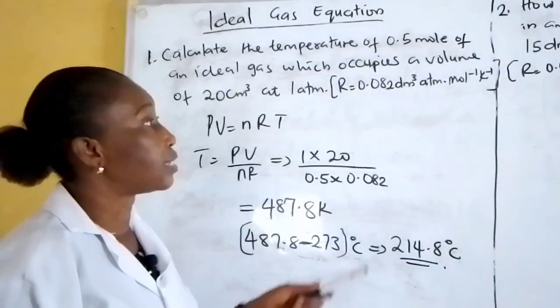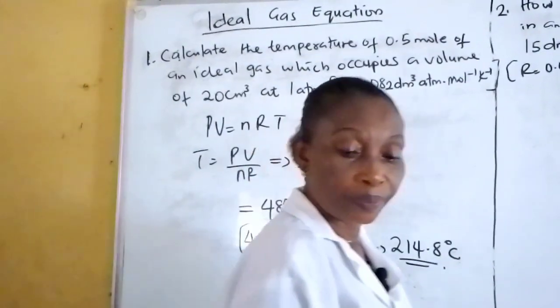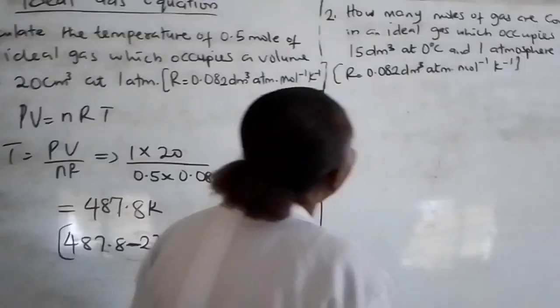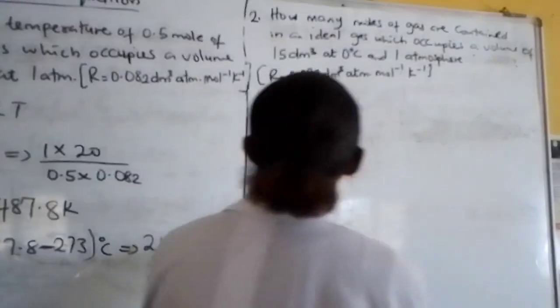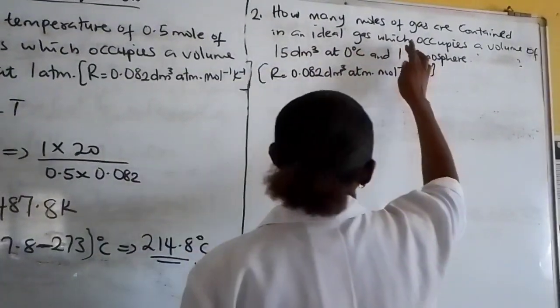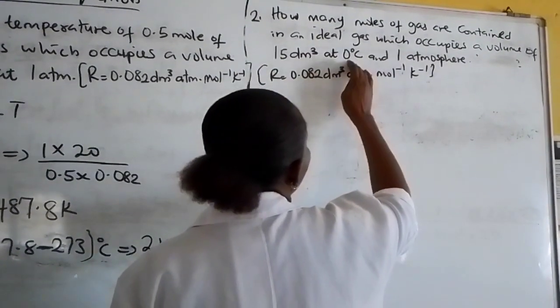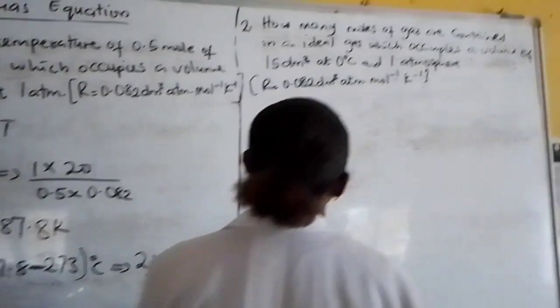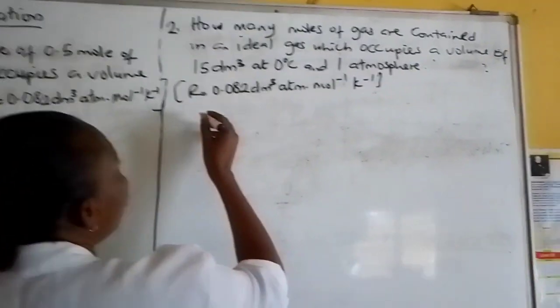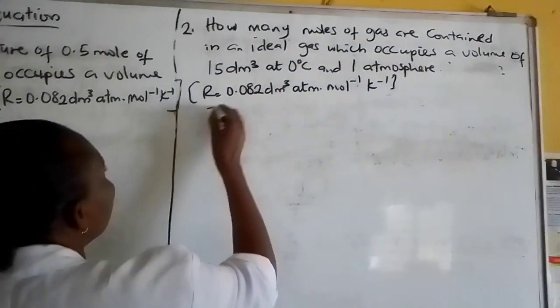Now let's look at a second problem. It says, how many moles of a gas are contained in an ideal gas which occupies a volume of 15 dm³ at 0 degrees centigrade and 1 atmosphere? So first of all, we convert our temperature.